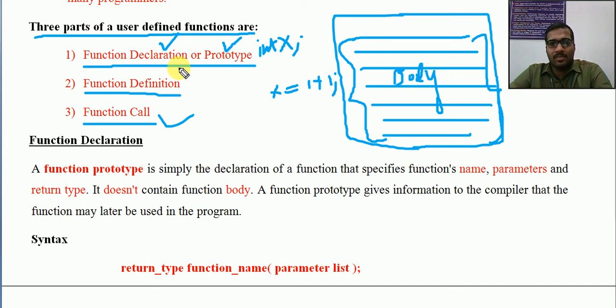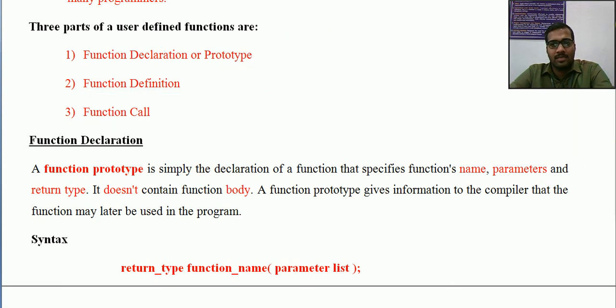A function's definition consists of multiple statements that define the body, what is to be done. A function call is also a single statement that makes a call to the function wherever it is required. I hope it is clear. We will see the function declaration in detail first.